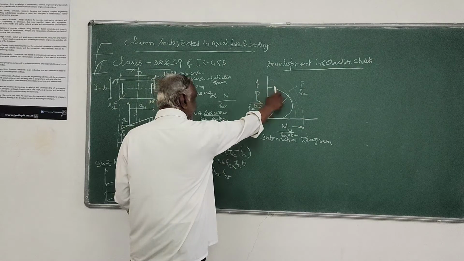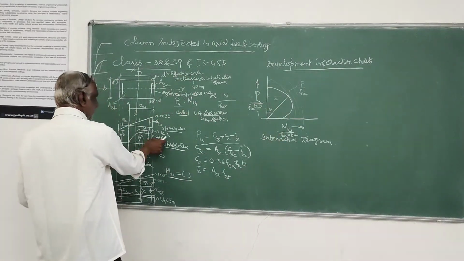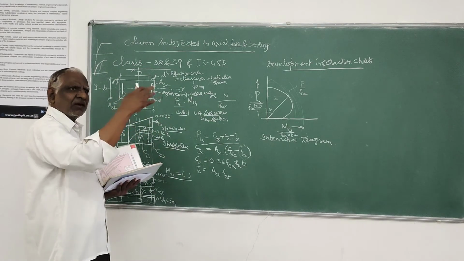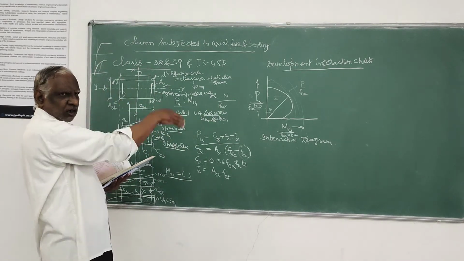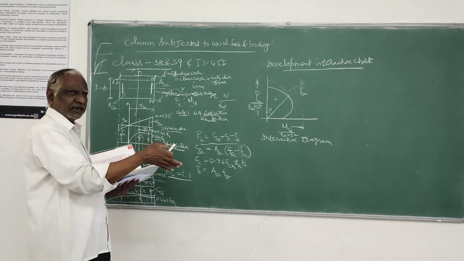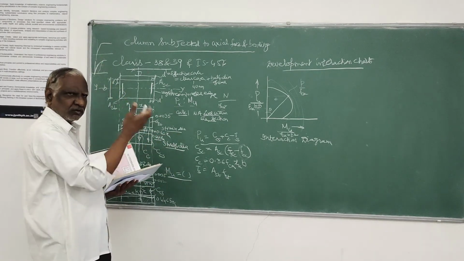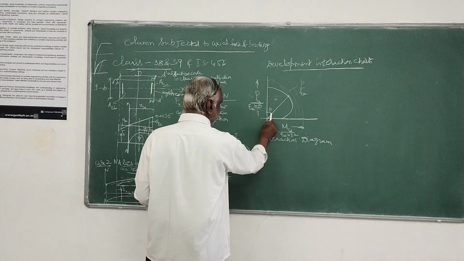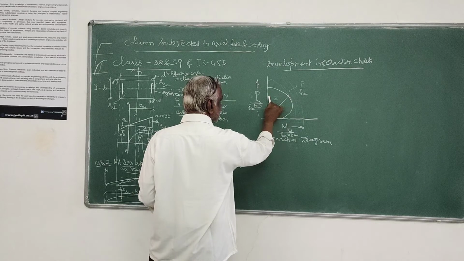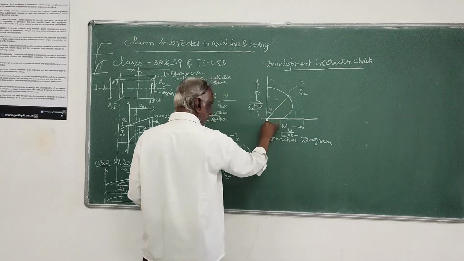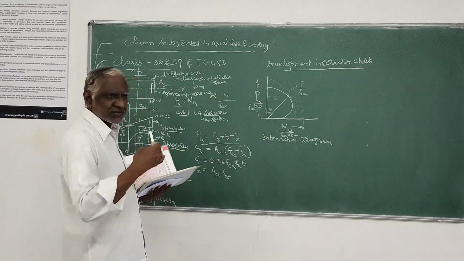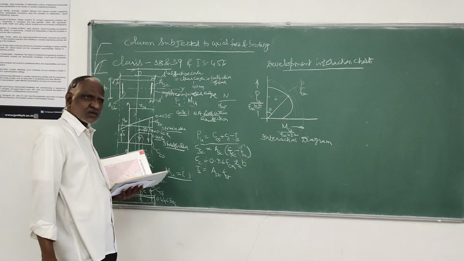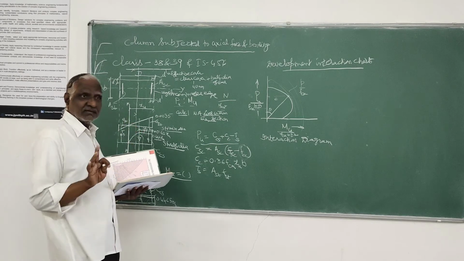We have developed this diagram by arbitrarily varying the neutral axis depth, from x equals 0.1 D to 1.4 D, 1.5 D, like that, even out of the section. And in this diagram, tan theta is nothing but Mu divided by Pu. Mu by Pu is nothing but eccentricity. So eccentricity is also known. That is another thing which you should know.